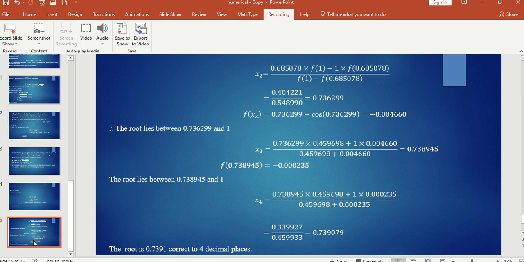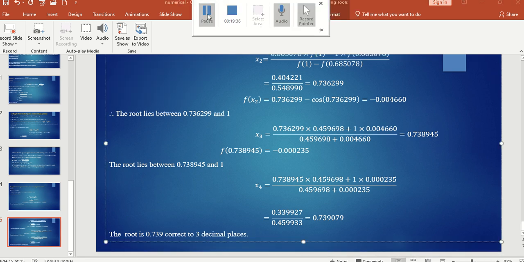So continuing in this way, we have x4 which is 0.739191. So we can stop the procedure and we can say that the value is 0.739 correct to 3 decimal places.